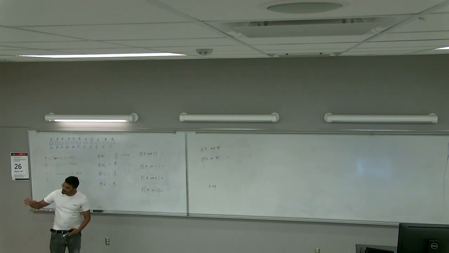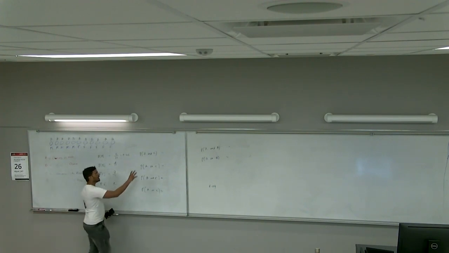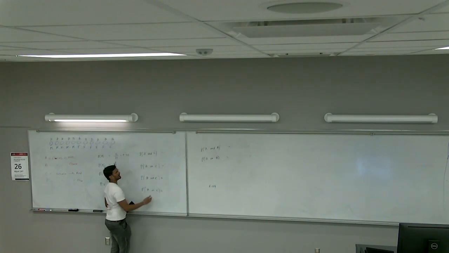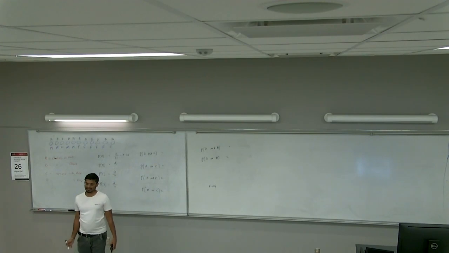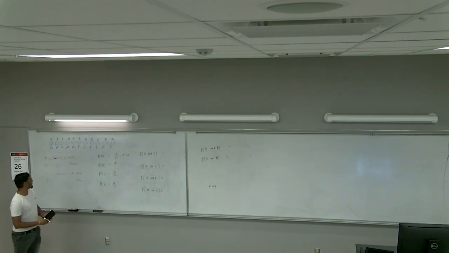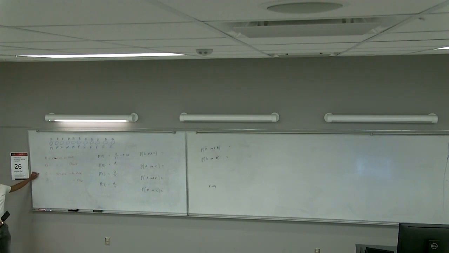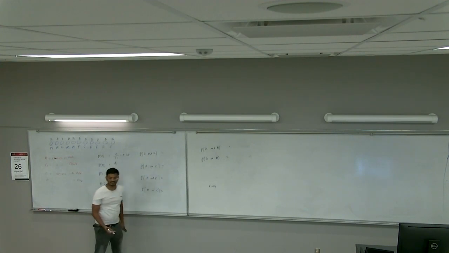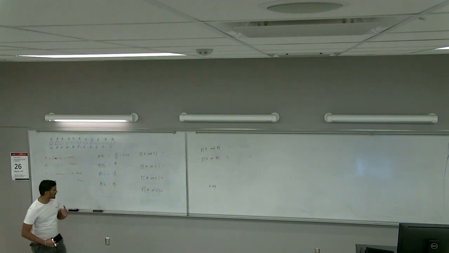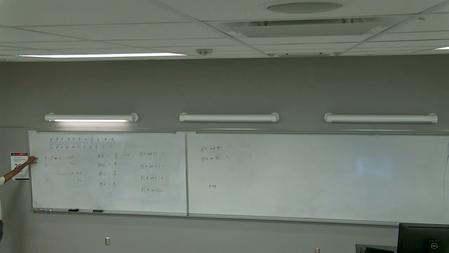For that person to have this quality, the quality being A and C, that means that person should belong to this set as well as this. What about this one, A or C? For that, it's enough for that person to belong to at least one set. Okay, so that's the difference.